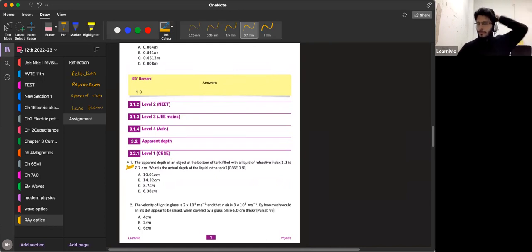This is formula based. Answers. I'm saying again, no need to write the question. I'm sharing the assignment in the group also.